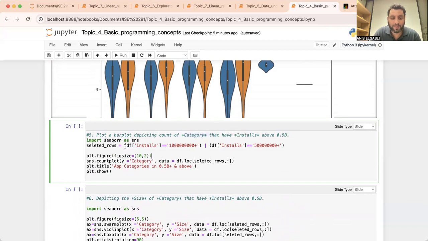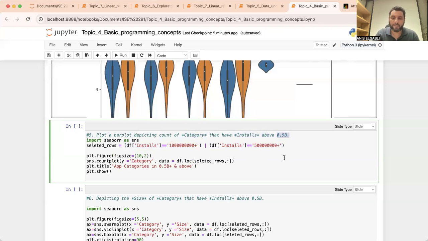So there are two satisfying that condition, 500 million and 1 billion. We extract this slice because we want to plot the statistics for the category only for the applications that were installed above this value.